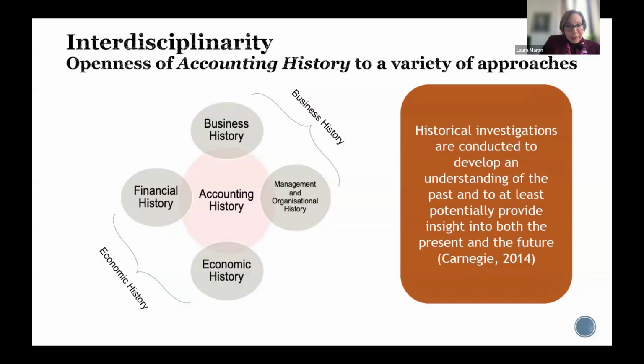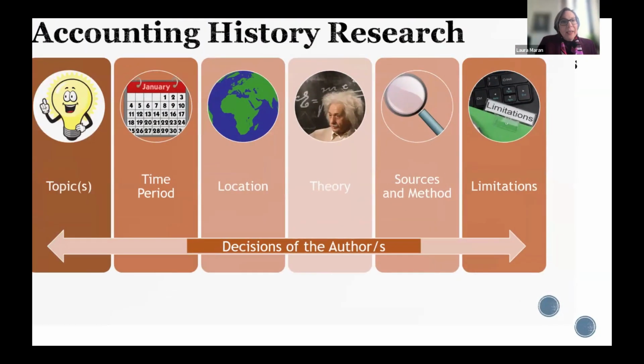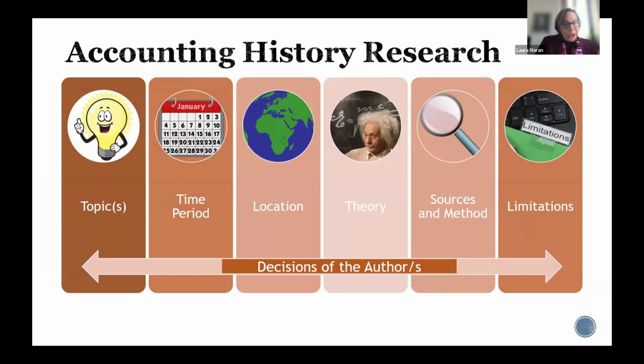As I said, it is an interdisciplinary journal, therefore we tend to share some topics, but also some methodologies, with business history and economic history. And when we are publishing for the accounting history community, we need to take into account some simple rules. In my view, this applies to whoever is publishing in the field of accounting history, independently of the journal.